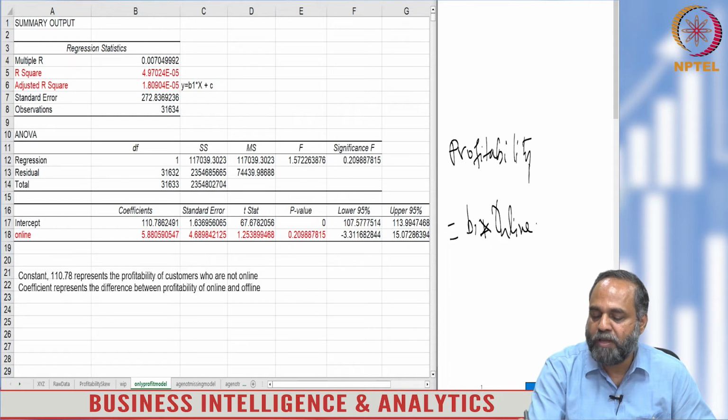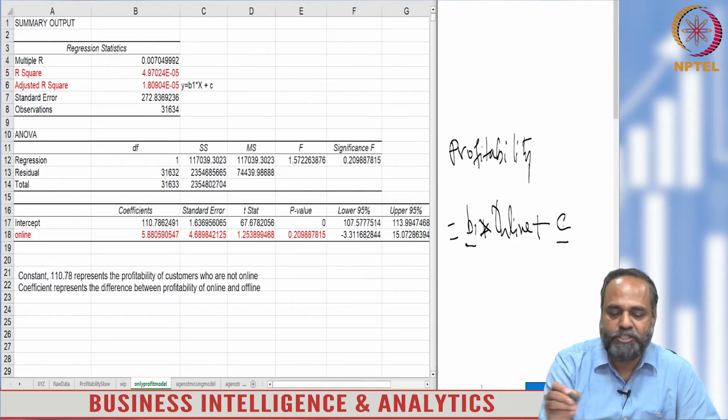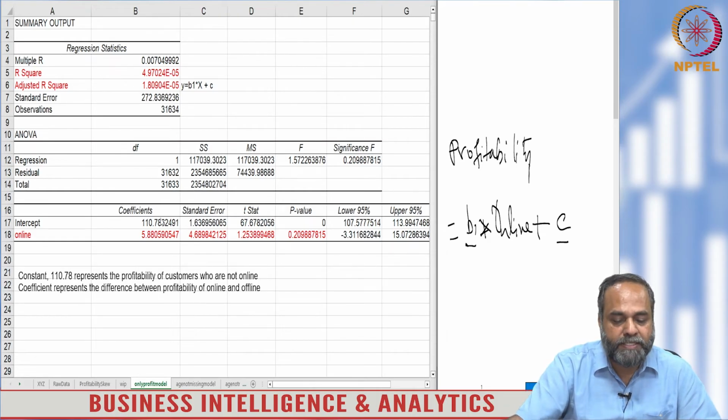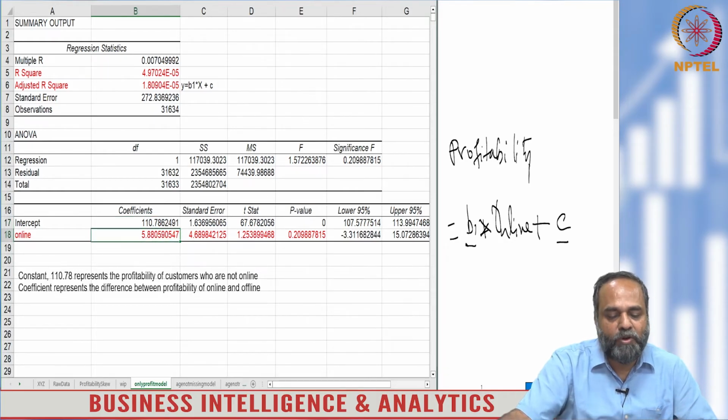Online is my variable, which is a binary or dummy variable, taking either 0 or 1, plus an intercept, which is C. You can see the values for B1 and C which I obtained here in the regression model. My intercept is 110.78 and my coefficient B1 is 5.88.